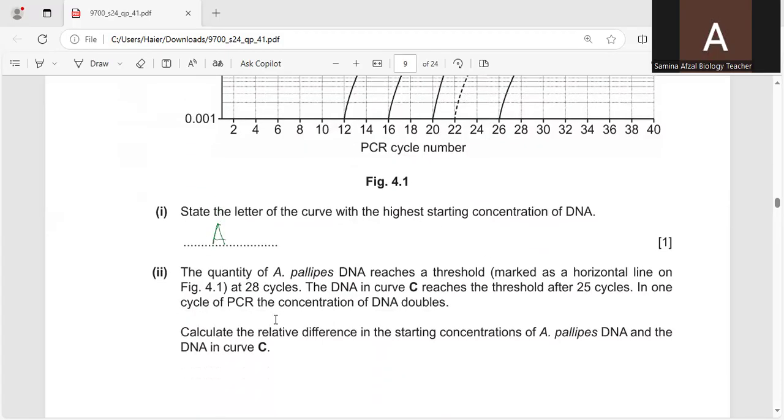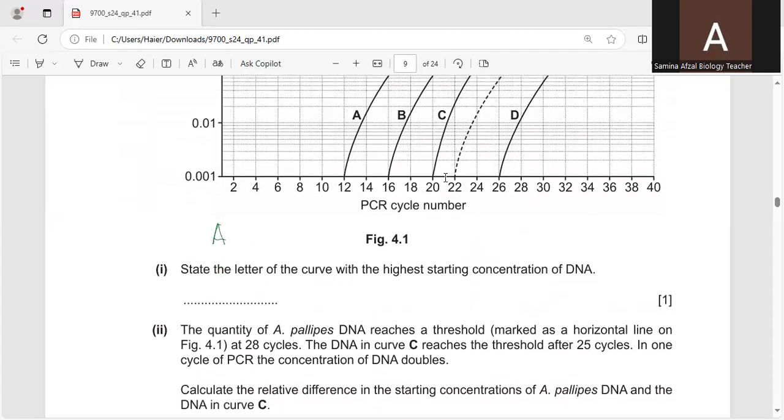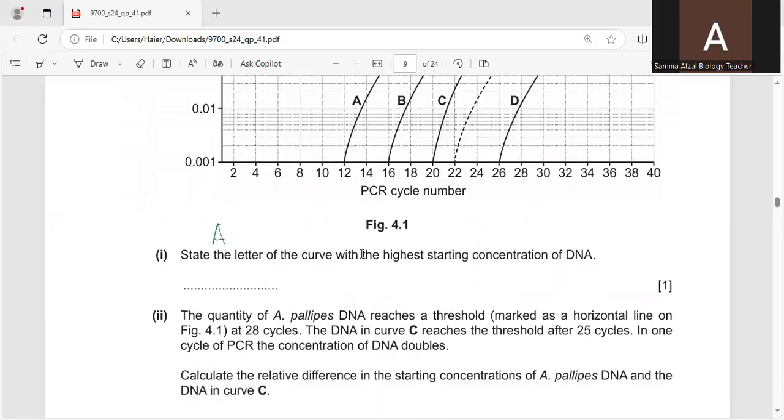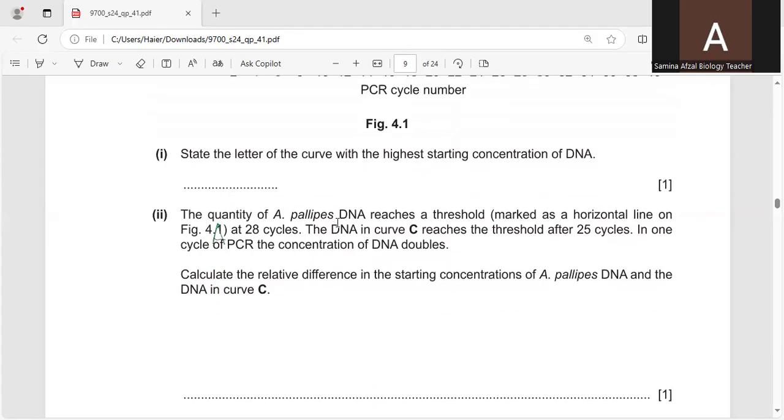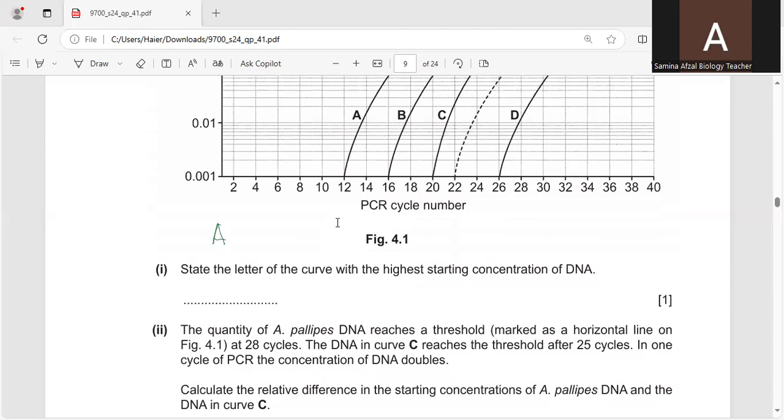In one cycle of PCR, the concentration of DNA doubles. So calculate the relative difference in the starting concentration of A. papillis DNA and the DNA in curve C.